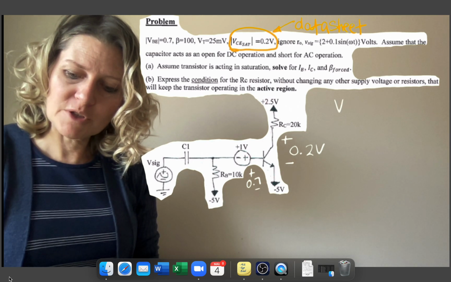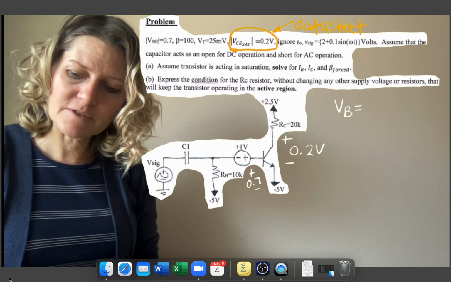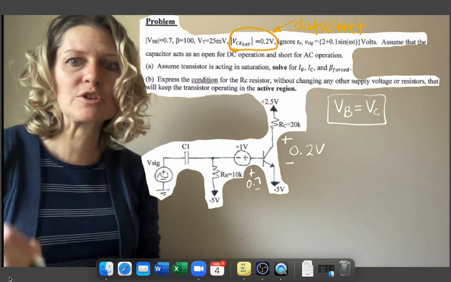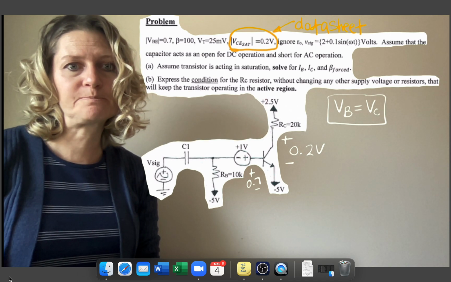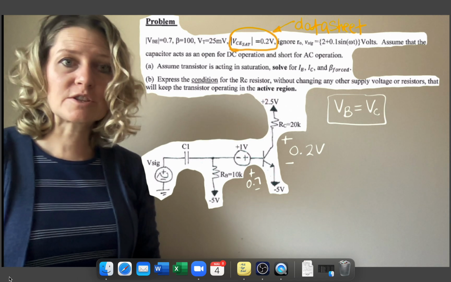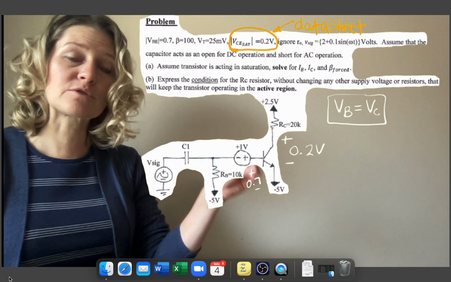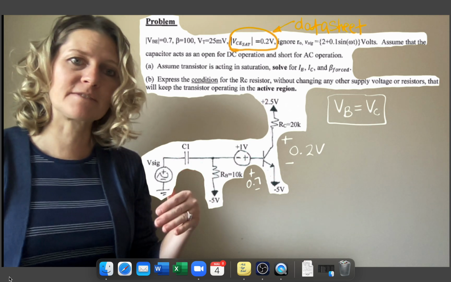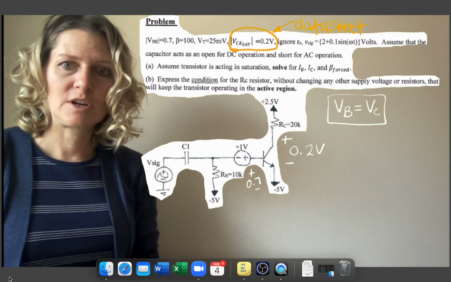The condition between active and saturation is when you have the equal condition between your base and your collector. When VC is greater than VB, you're in active mode. When VC is less than VB, you're in saturation mode.